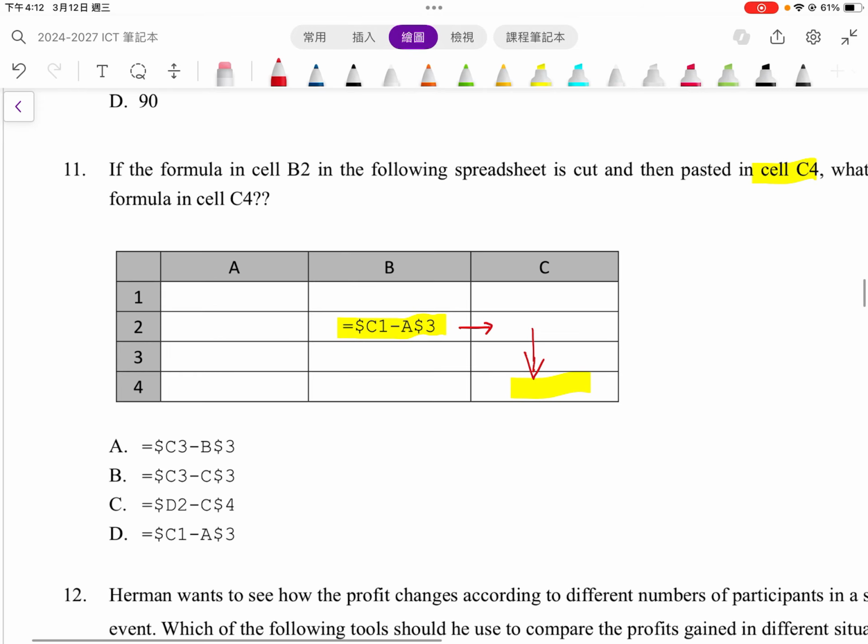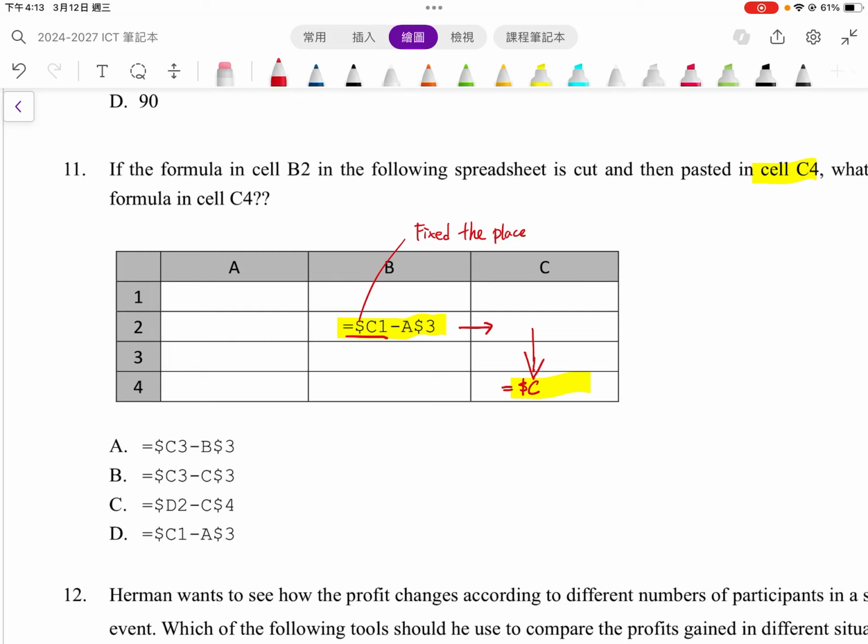units. So let's consider the first part of the function, equal. If you go from B2 to C4, of course the equal sign will still keep. And then for the dollar sign, you will say it is fixed, because this dollar sign means you fix the place.